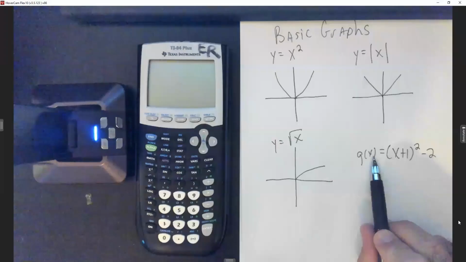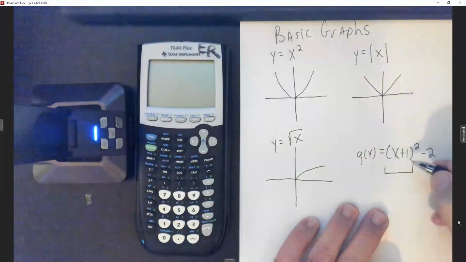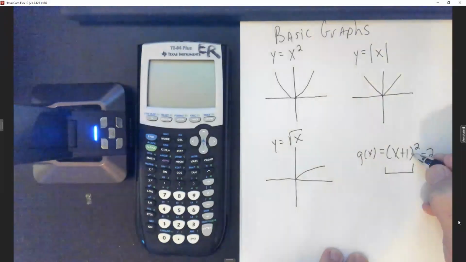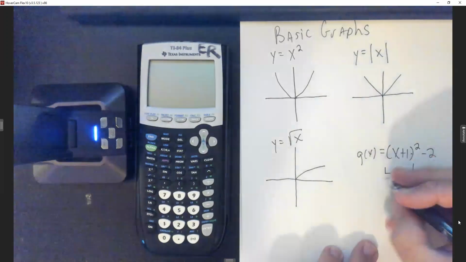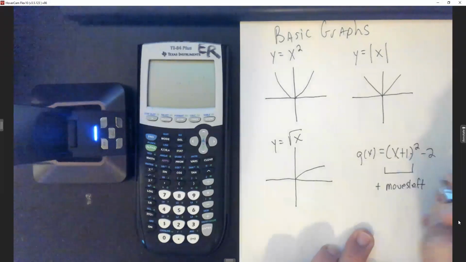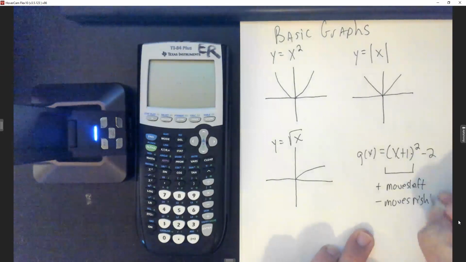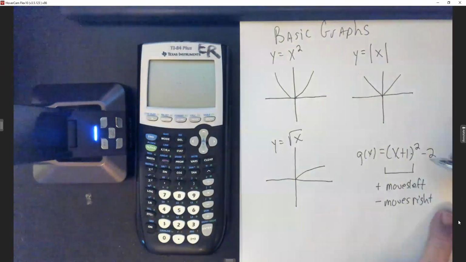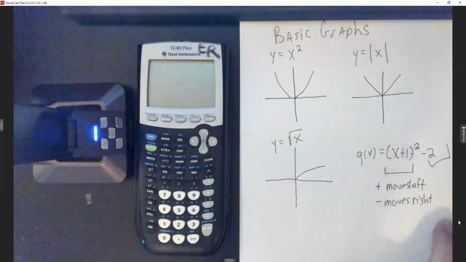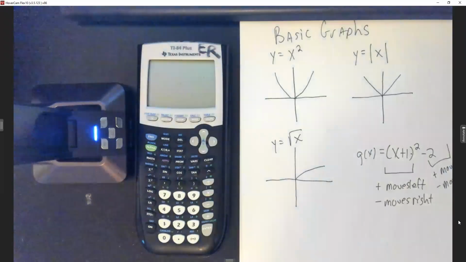All right, so what you got to think on this problem when you're doing the test: this part right here where the x is inside the parentheses with the 1, positive moves left, negative is going to move right. Out here where I got the minus 2, positive moves up, and negative is going to move down.